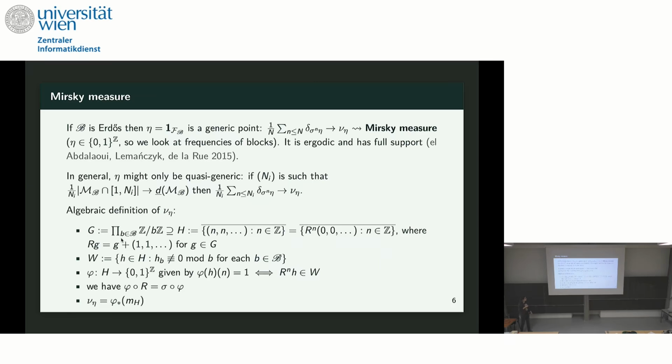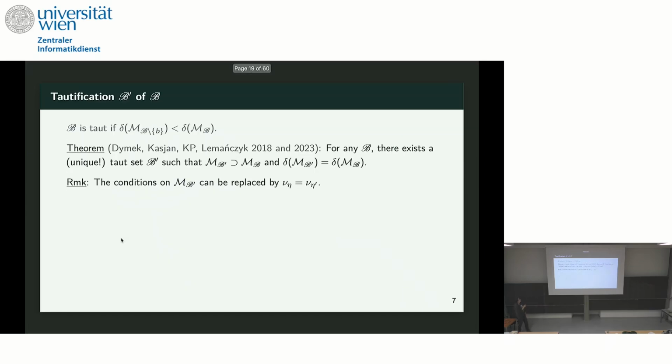And now this group H has one invariant measure under R, namely the Haar measure. We can define the Mirsky measure as the image of Haar measure via this coding. So depending on which background you come from, you have two choices, and of course one has to prove that they give you the same thing.